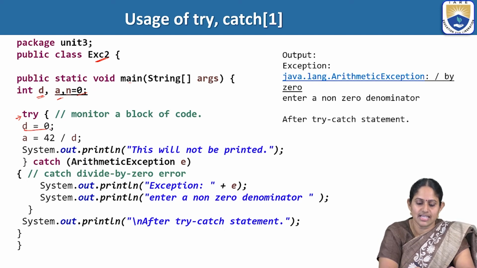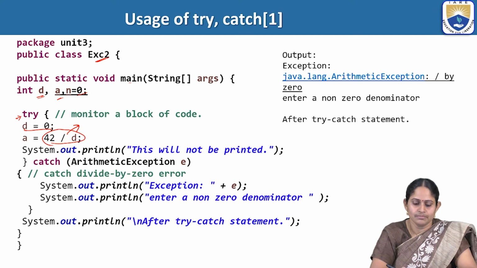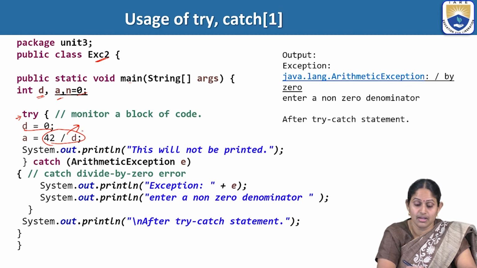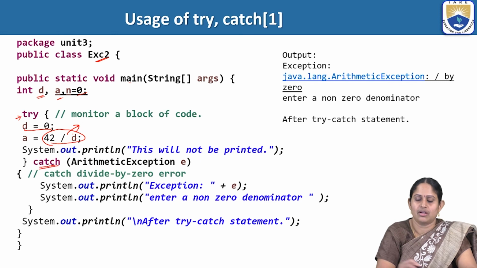Inside it we initialize d to 0, and we perform 42 divided by d. Since d is 0, at this point an exception will be thrown. Since these statements are present inside the try block, the exception object thrown here will be caught by this catch block.